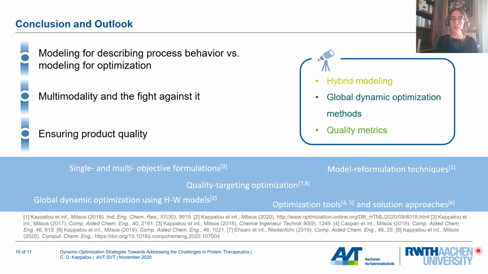For the future, more research emphasis towards developing hybrid models should be placed, as these models can reduce computational complexity and enable the use of deterministic global dynamic optimization methods to converge to global solutions.